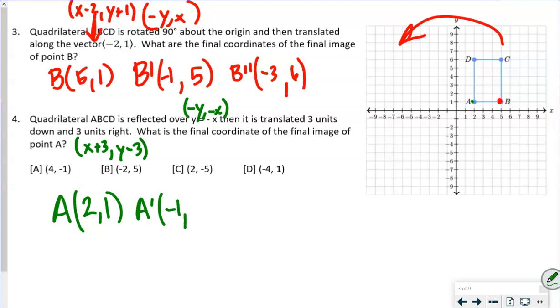So it's going to be negative 1 comma negative 2 because they flipped and changed signs. Now we're going to add 3 to the x. So for A double prime, that would be negative 1 plus 3, so that would be 2. And then for our y value, we're subtracting 3 from negative 2, so that would be negative 5. So that's our new A double prime, 2, negative 5.